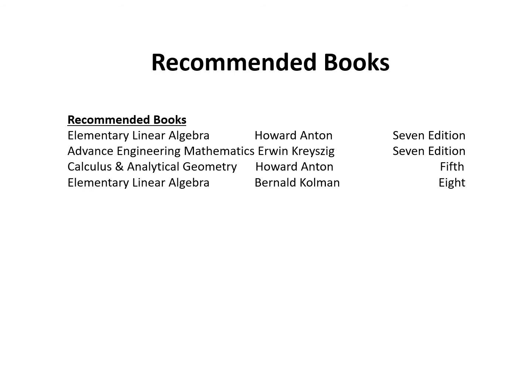One more book is Elementary Linear Algebra by Bernard Kolman, 8th edition. These books are enough for the course MT332. Also, my lectures are sufficient for study, but if you want to study further, you may study the topics in these books.